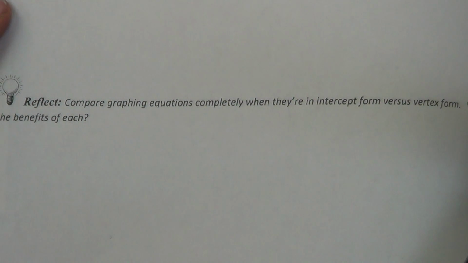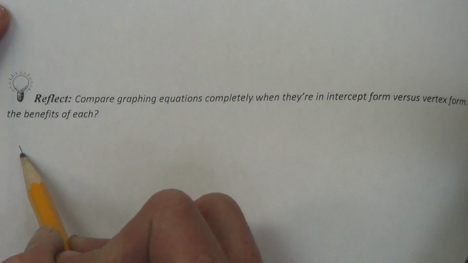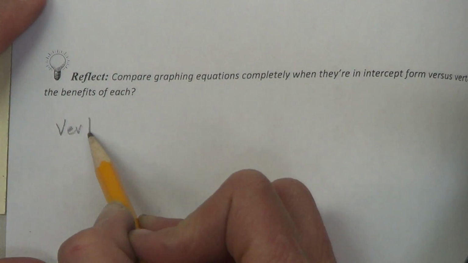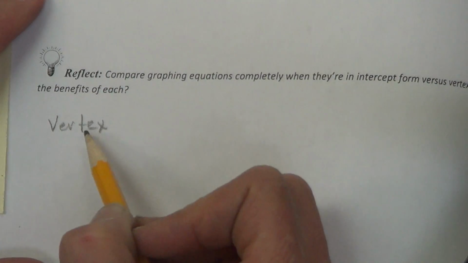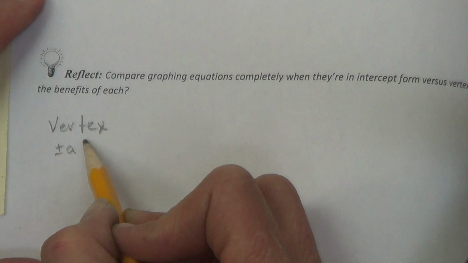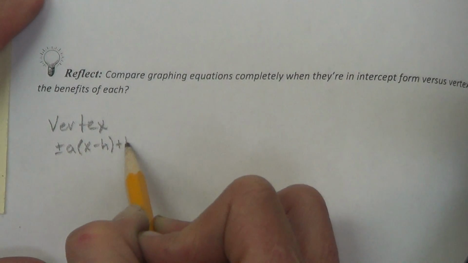Compare graphing equations completely when they're in intercept versus vertex form. What are the benefits of each? Well, let's look at this. Vertex form, I'd like to go further than that. Let's look at all three. Vertex form is y equals plus or minus a times x minus h, squared, plus k.